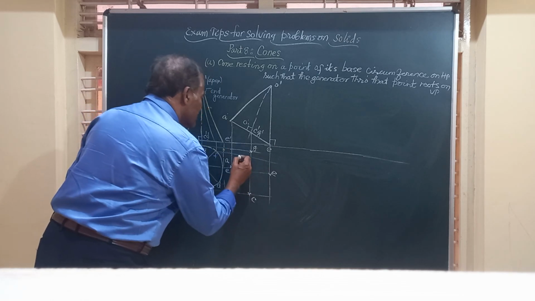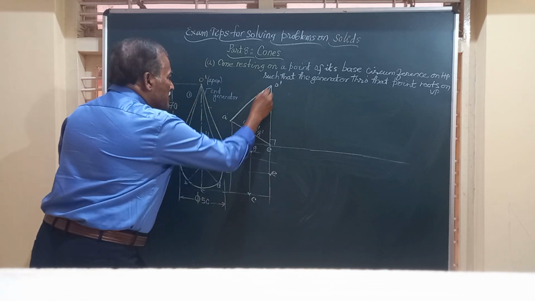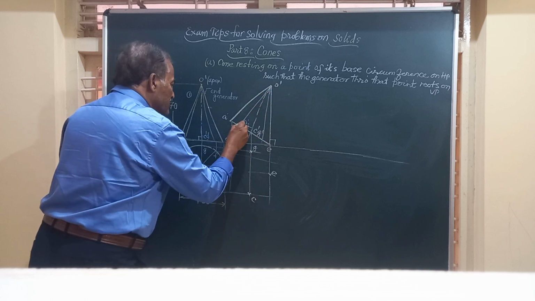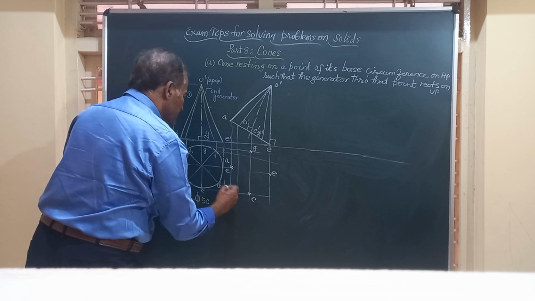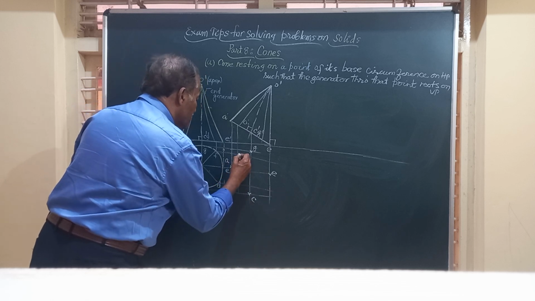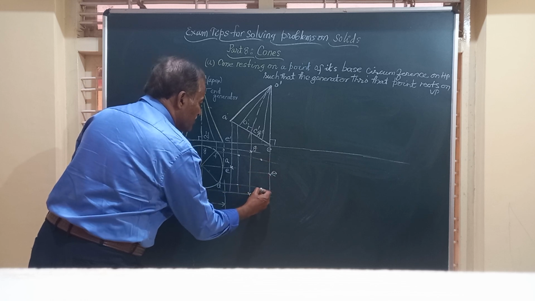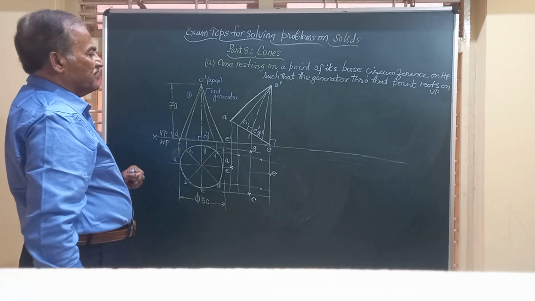So you will get 2 points here. So you can show those points also here, friends. So these are the 2 points, and an equal distance on the other end also you will get 2 more points. You have so many points.